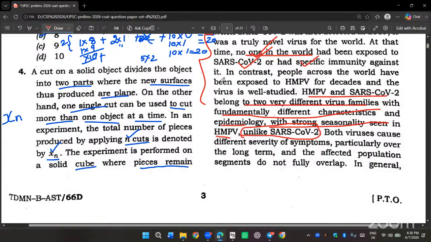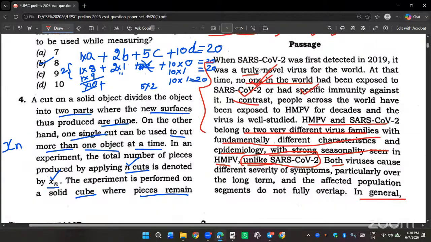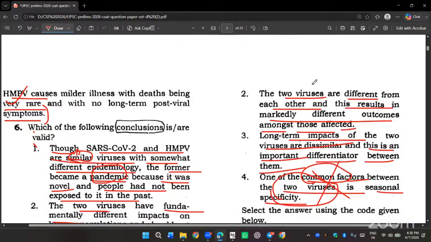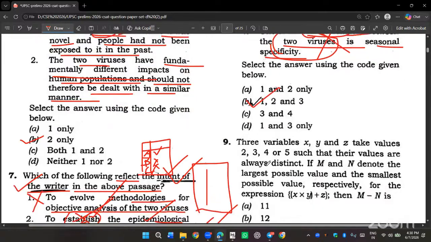That is why I told you to watch for words like in contrast, unlike, in general, both, all, only, truly, well studied. This is a reading comprehension. So the fourth statement is wrong. In contrast, so choice B is correct.